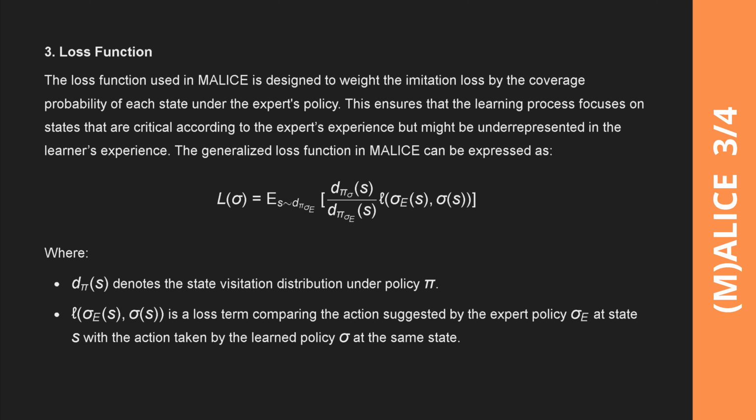And this simply ensures that the learning process focuses on states that are critical according to our main expert experience, but might be underrepresented in the learner's experience, and therefore our generalized loss function in MALICE can now be expressed in this particular way, where d pi denotes now the state visitation distribution under the policy pi, and the loss term comparing the action suggested by the expert policy sigma expert at state S with the action taken at the learned policy sigma at the same state.